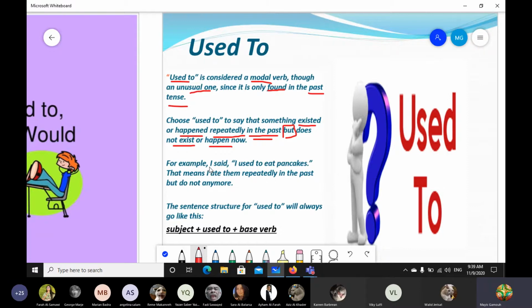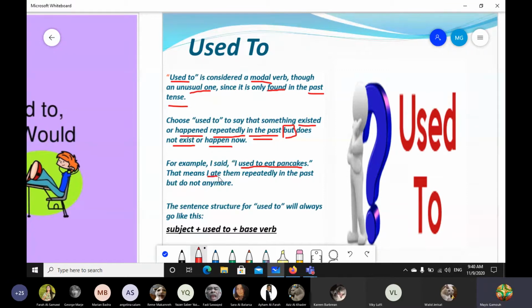For example, let's take an example in order to understand it more. I said I used to eat pancakes. Pancakes, do you know what they are? They are a kind of flatbread. That means I ate them.